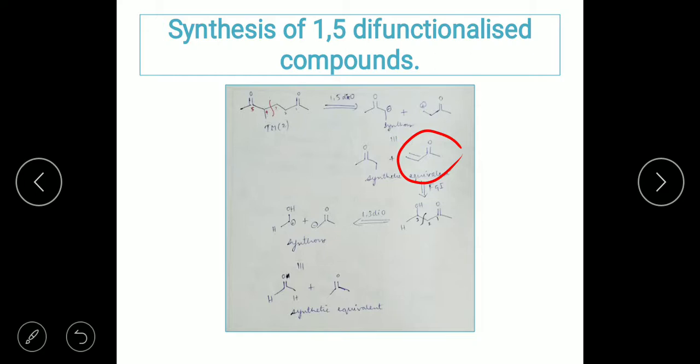Now we can easily do the functional group interconversion. In the 1,3 difunctionalized compounds, we had studied that alpha beta unsaturated compounds can be converted to the beta hydroxyketone. That is what we had studied in some of the examples in 1,3 difunctionalized compounds.